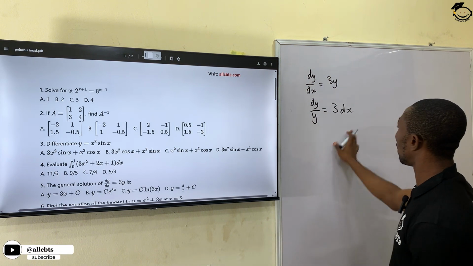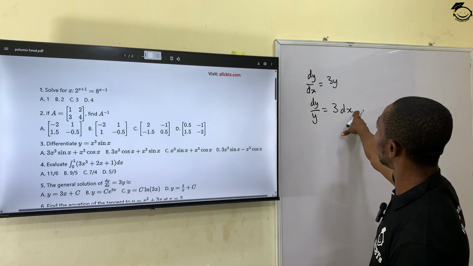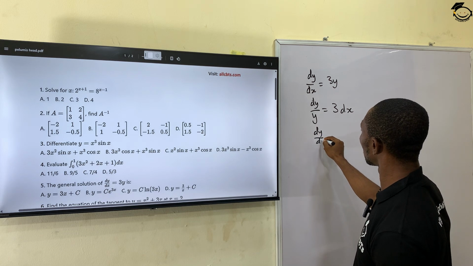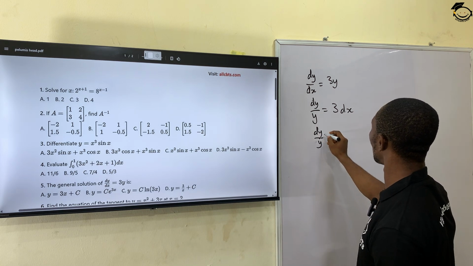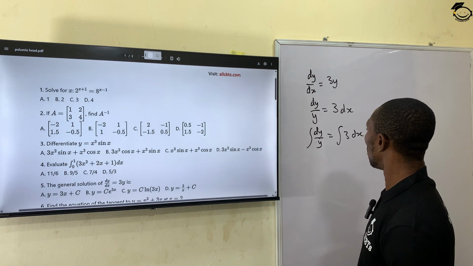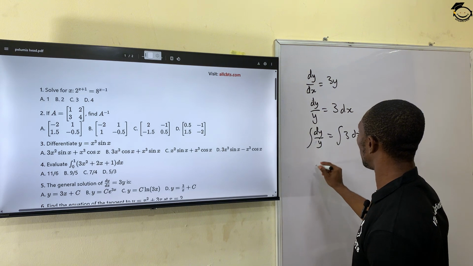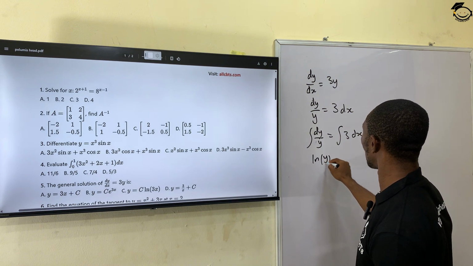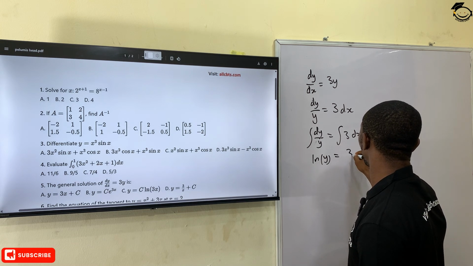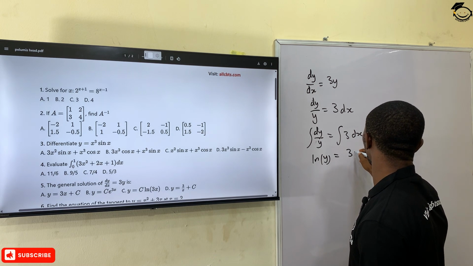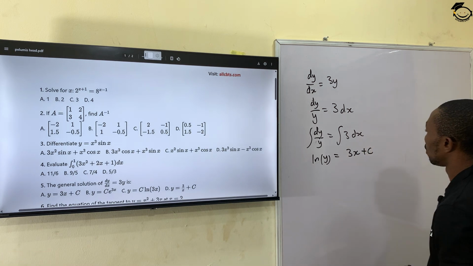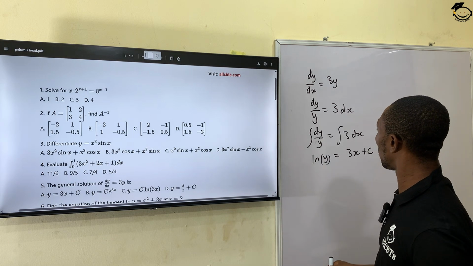From here, we integrate this to give us the integral of dy over y and the integral of 3dx. So if we integrate this, this gives us ln y, which is going to equal 3x plus c. From here, we know that our ln y is positive.